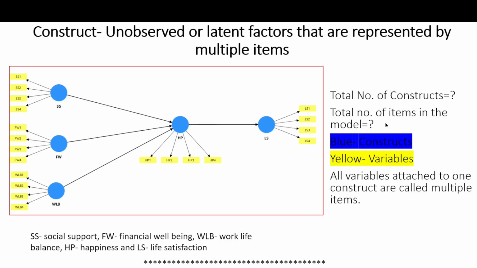The total number of items in the model is 20. The blue color represents the constructs and the yellow color represents the variables. All variables attached to one construct are called multiple items. So in this diagram there are five constructs represented by blue colors, and 20 items or variables represented by yellow colors.